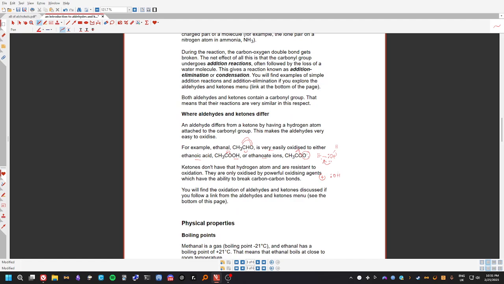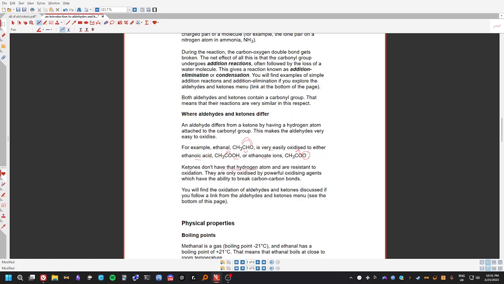The CO is slightly positive. So you have your O, double bond H. So then perhaps it goes here and this goes here. I'm just making stuff up. Perhaps that could work. I'm just using whatever idea I have.